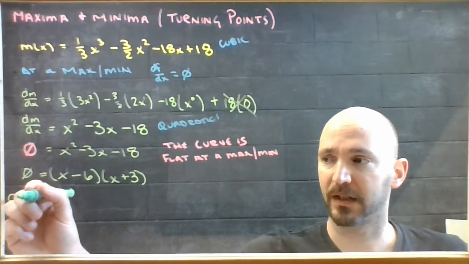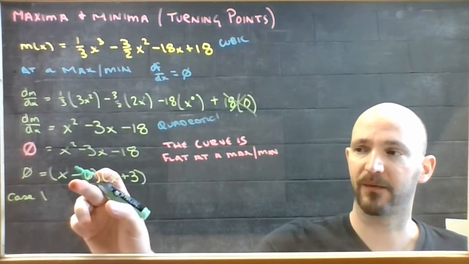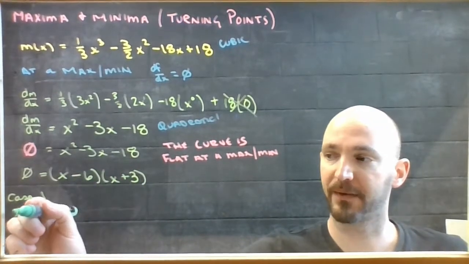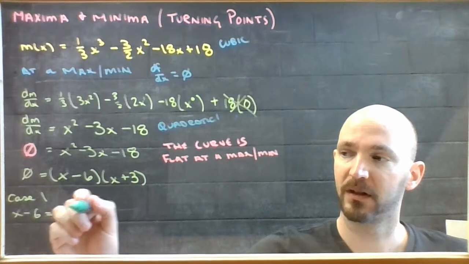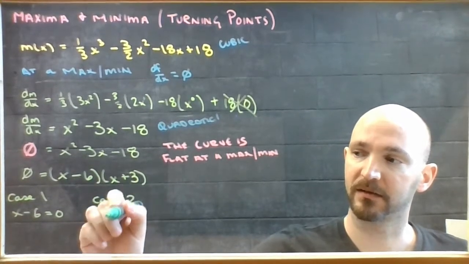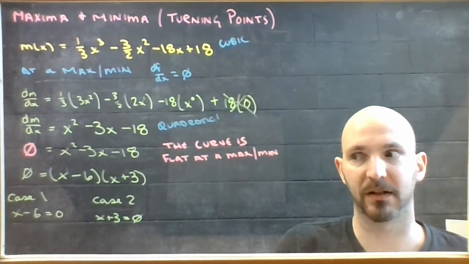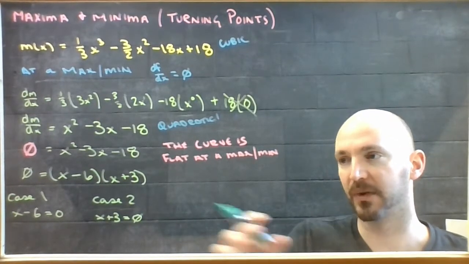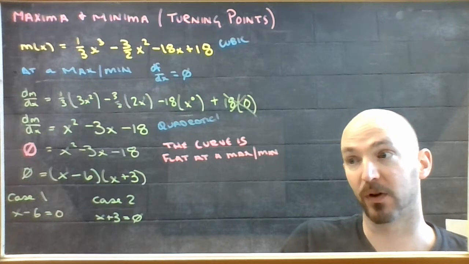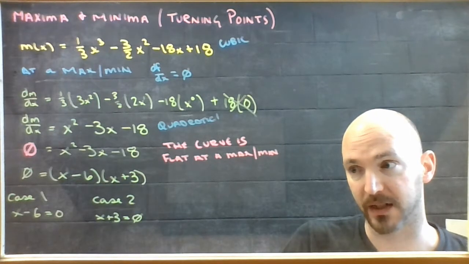So case 1 here. If this times this equals 0, either this equals 0 or this does. Possibly both, depending on how the numbers work out, but that's the idea behind cases. We're going to be using this little structure quite a bit.